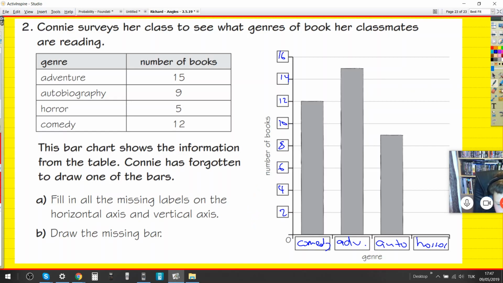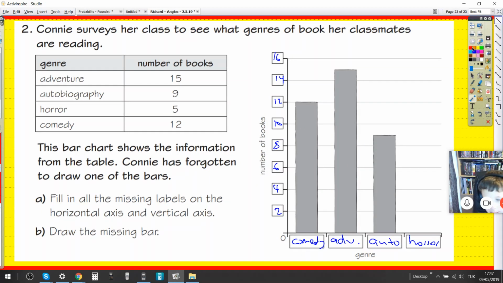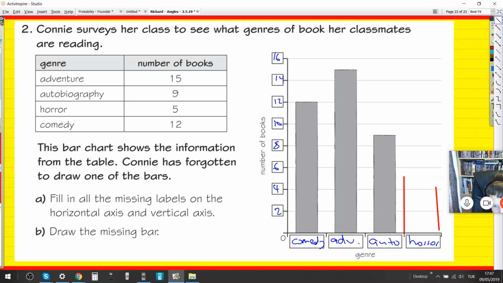Yes, and how about the missing bar? The missing bar would go between 4 and 6. Yeah. So that goes to there. Great. Any questions about that? Nope, I don't have any.